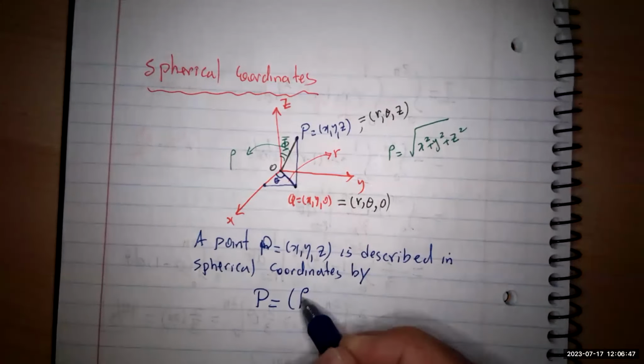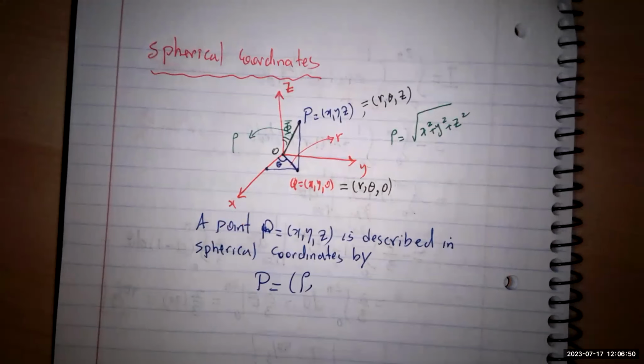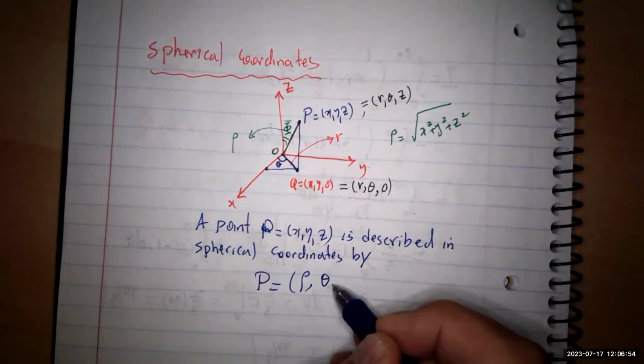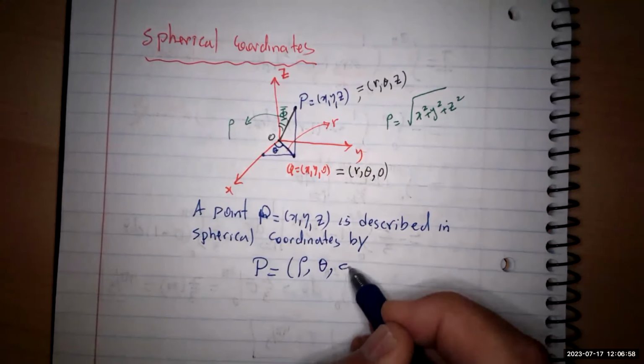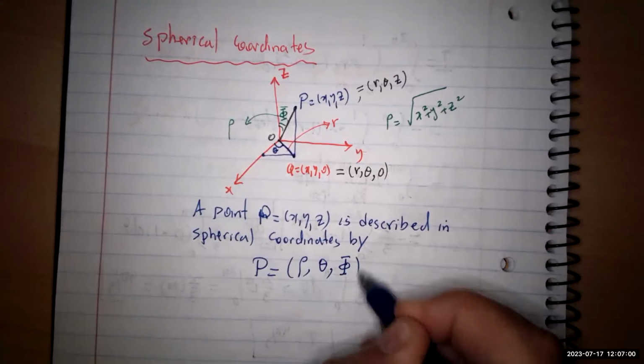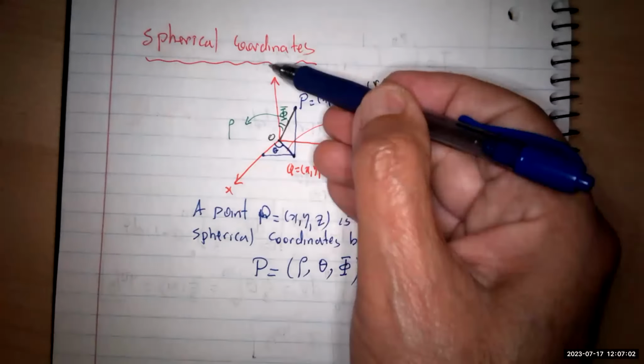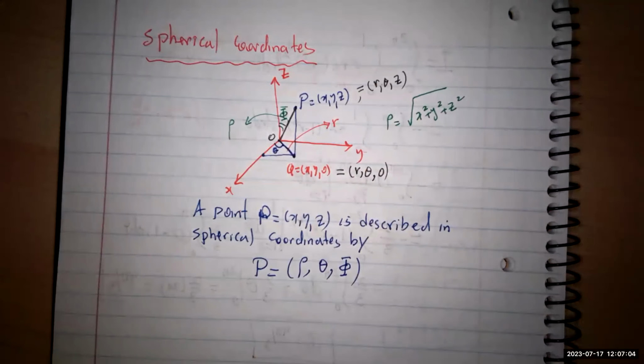Then you have rho, just replacing the R if you like, the distance. Then we have theta, the polar angle. And then we have phi, this new angle that we talk about, which is going to be between OP and the z axis.